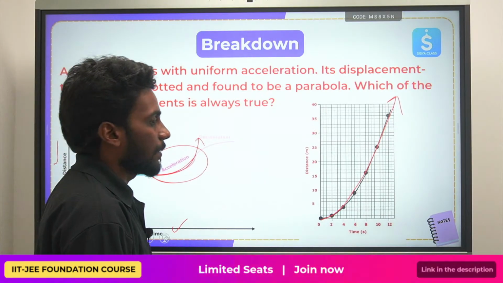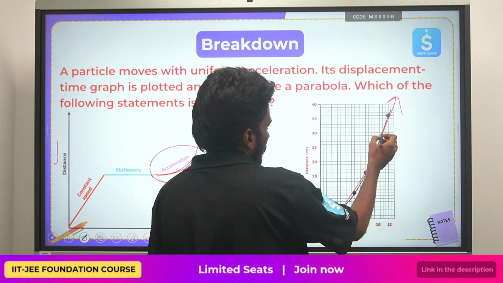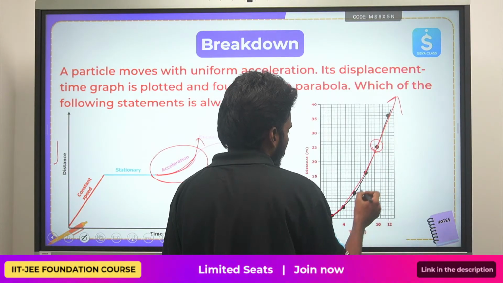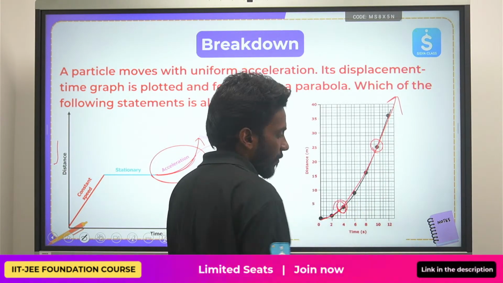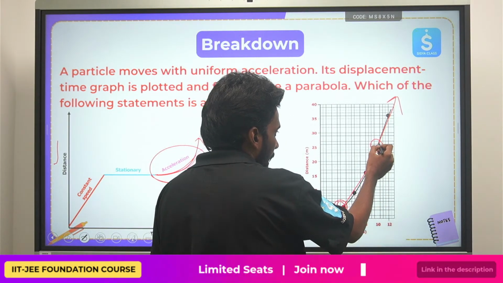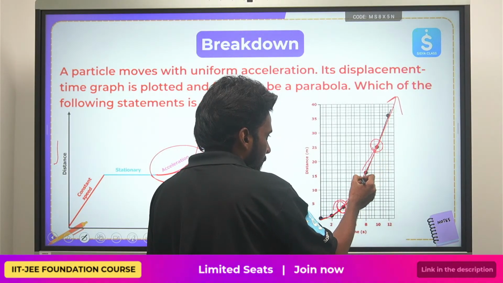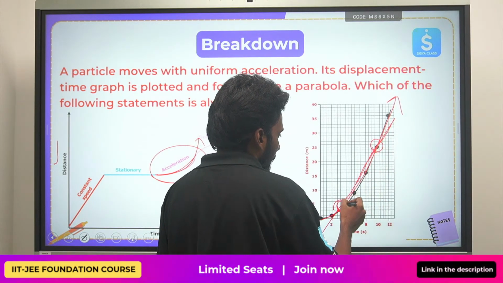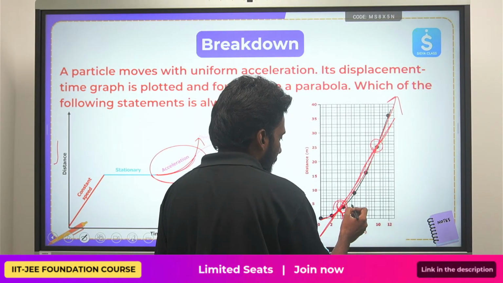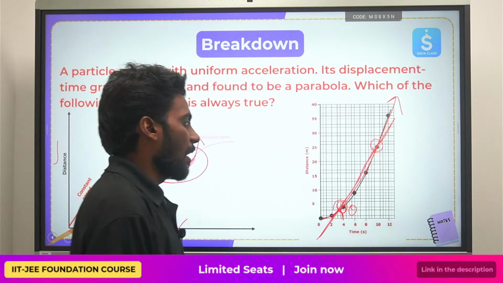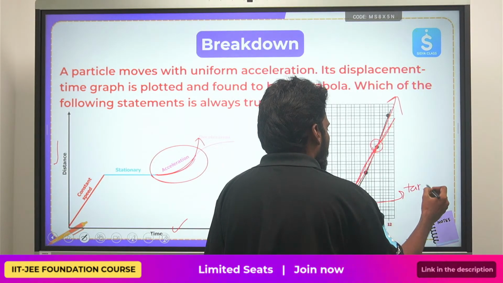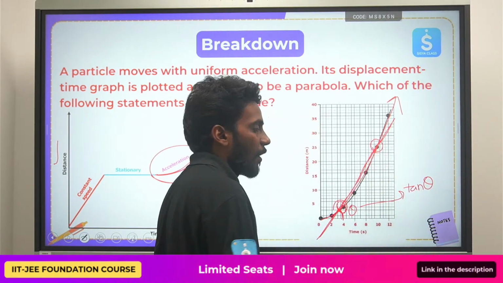So for example, if I am finding the average velocity between this point and this point, I have to draw a straight line, right? This straight line will be making some angle theta with the x-axis, right? I have to find tan theta for this to get the average velocity.